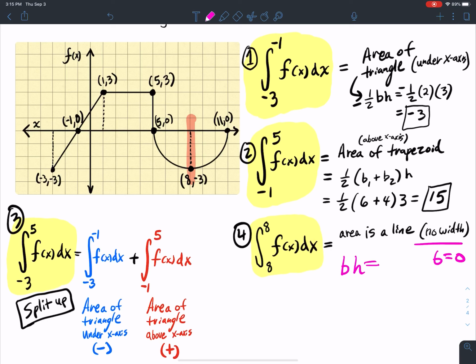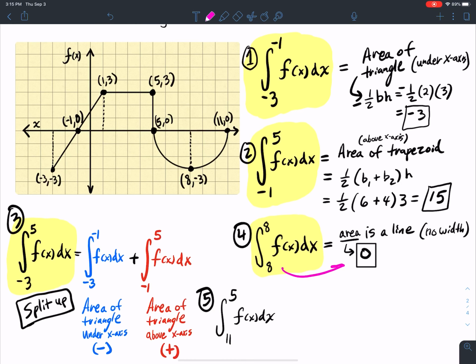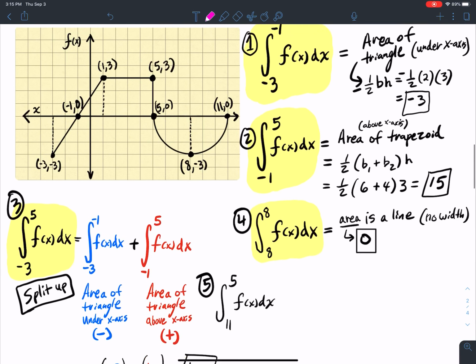So who cares what the height is, what that f of x is, because when I multiply 0 times whatever number you get, it's going to give you 0. So anytime you see the integral from a number to that same number, automatically it's 0. So don't let that trick you.